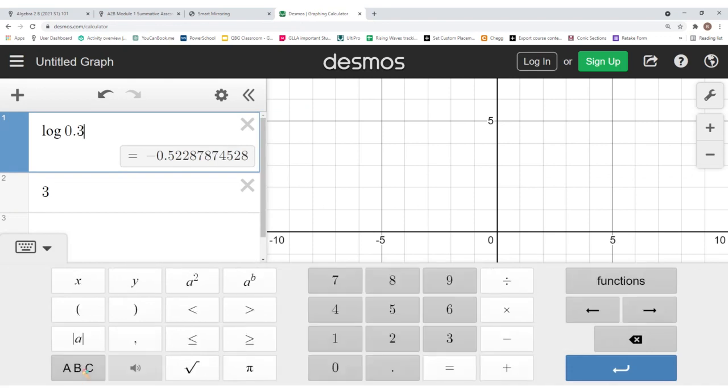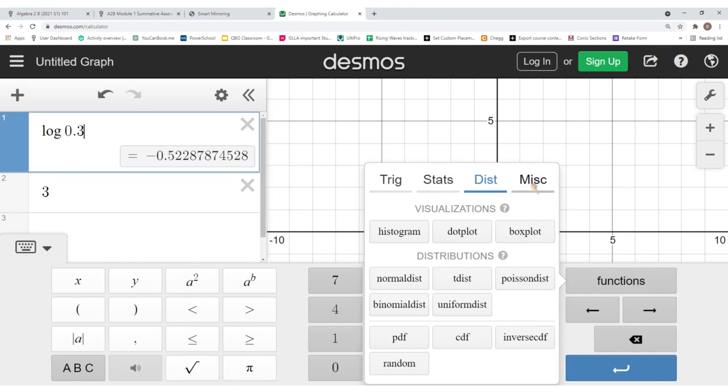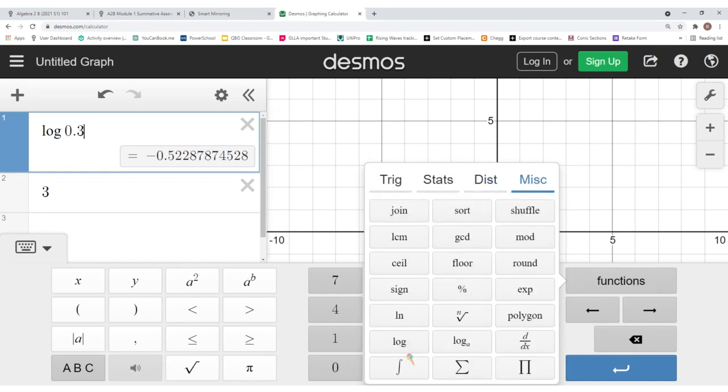Also, you can go into functions, and I think logarithms are in there. Miscellaneous log is right there, but you can just type it. So the closest approximation for this one would be negative 0.523.